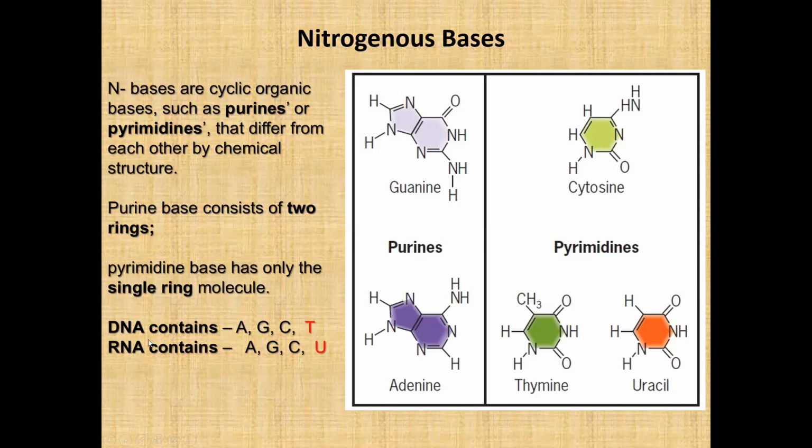Also, we have differences regarding DNA and RNA molecules. For example, DNA, we must know, contains 4 nucleotides. Among them is thymine, but in the case of the RNA molecule, instead of thymine, we always have uracil, and this is characteristic of RNA molecules.